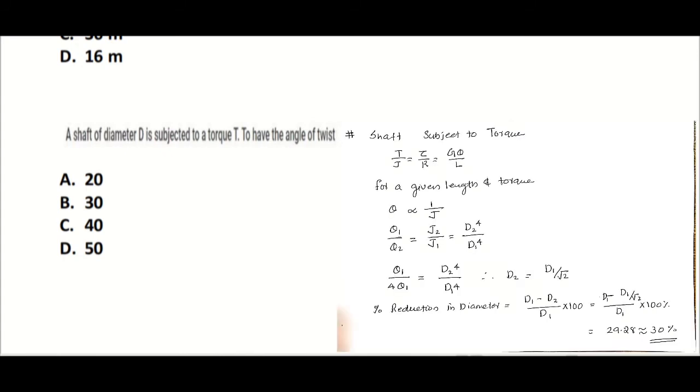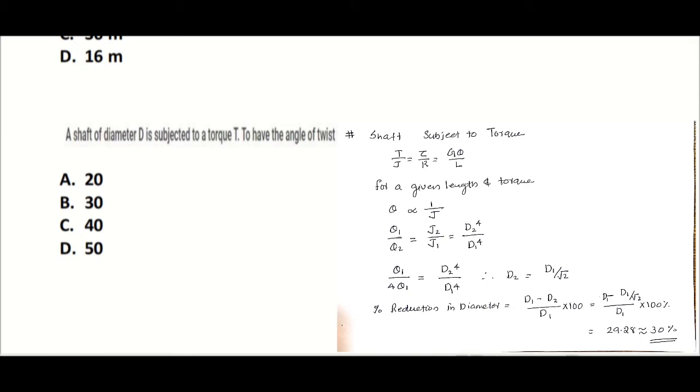For this problem, we know that the torsion equation is T by J equal to tau by R, equal to G theta by L. Here the torque is the same and the shaft diameter is also the same, but the angle of twist is 4 times that of before.